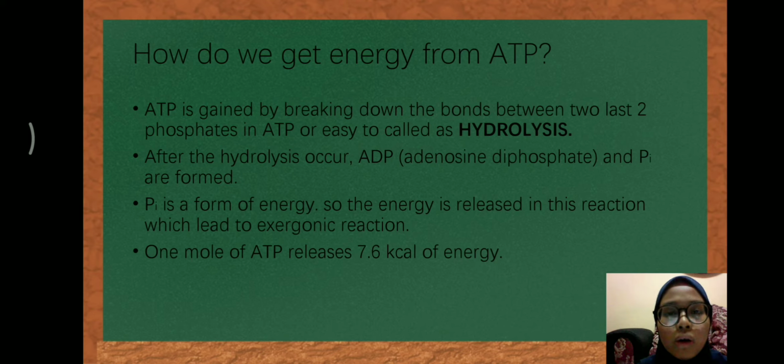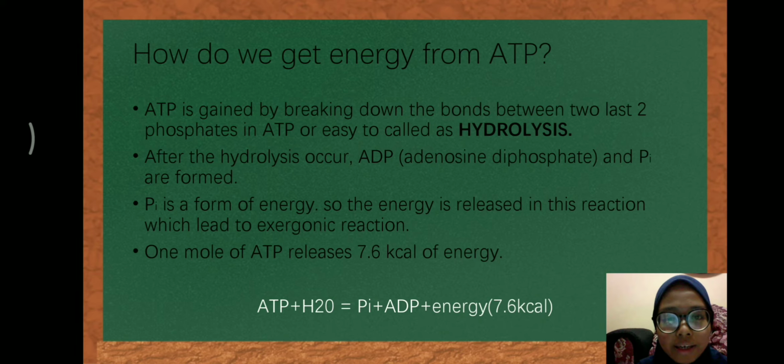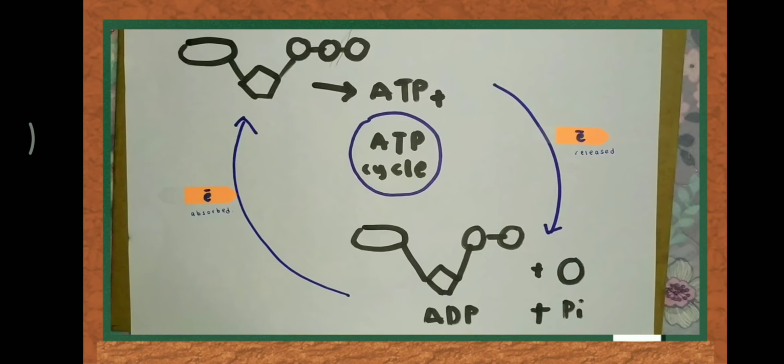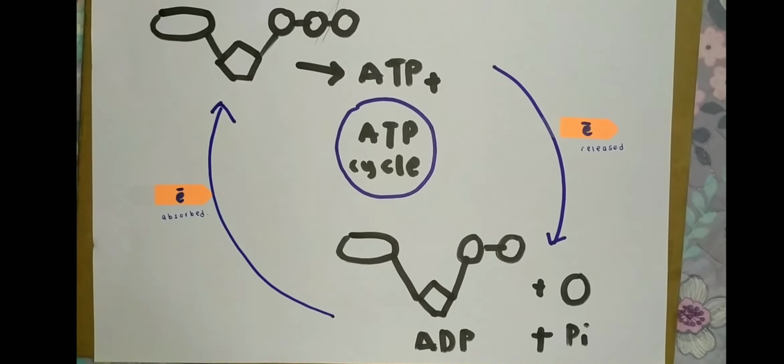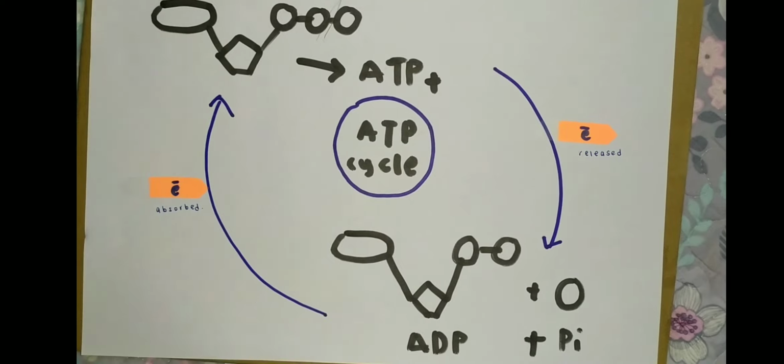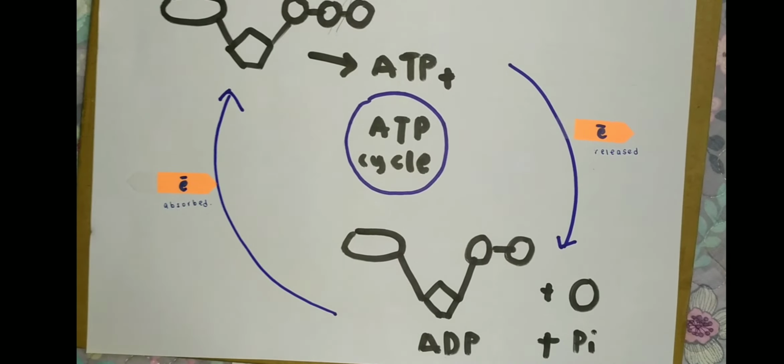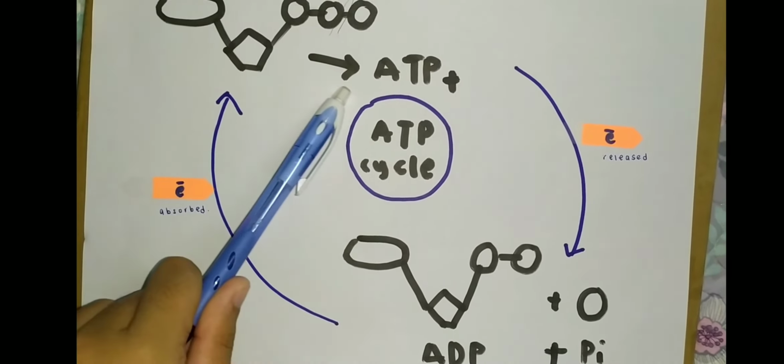So 1 mole of ATP releases 7.6 kcal of energy. This is a general equation for ATP forming adenosine diphosphate and a phosphate group. Eventually, for the ATP cycle, the first thing we need is ATP.